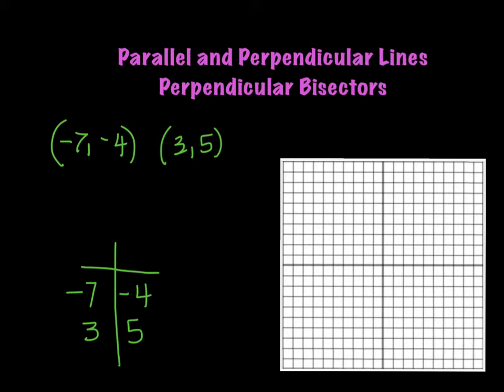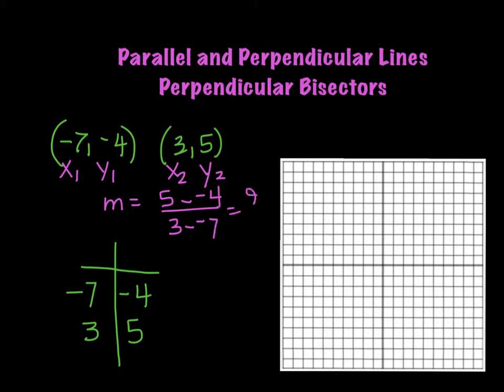So if you remember, slope, I label these x1, y1, and x2, y2. And the formula for slope is y2 minus y1 over x2 minus x1.